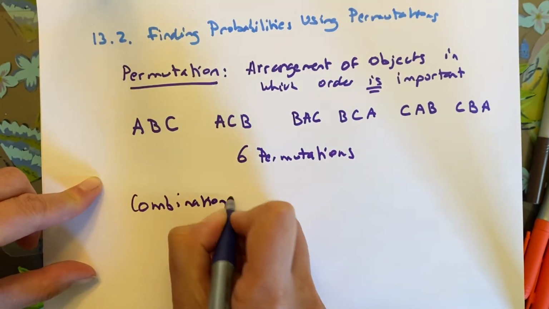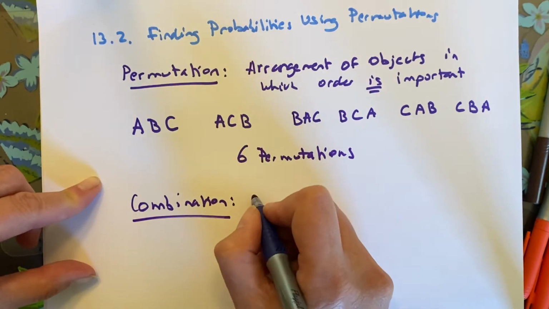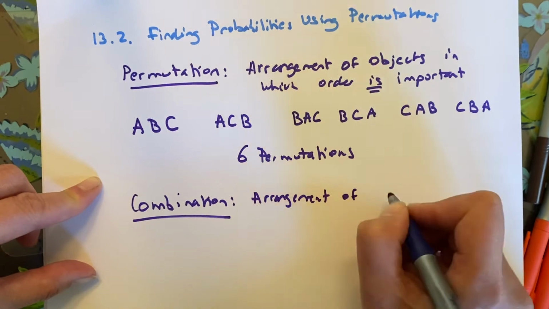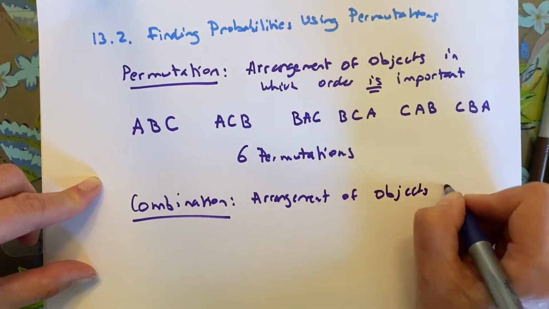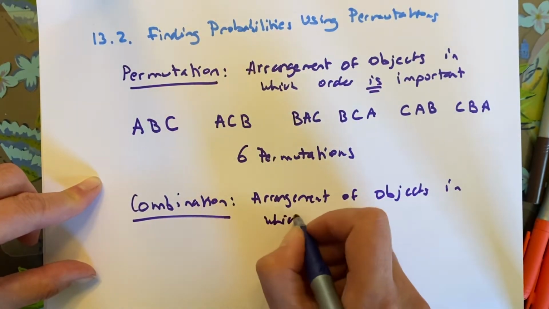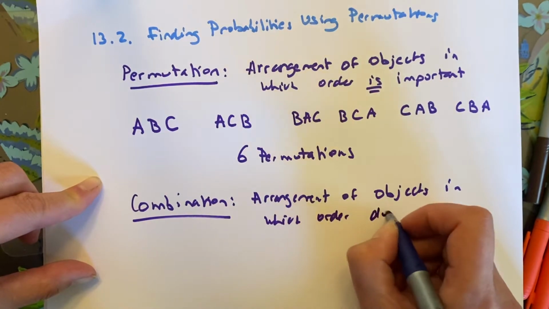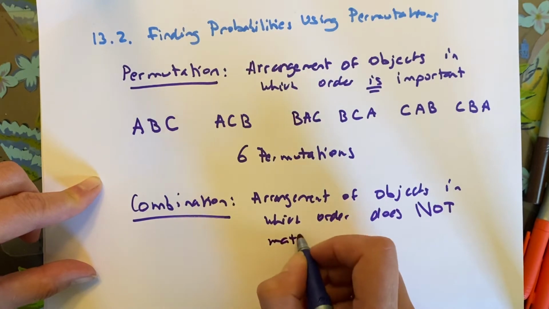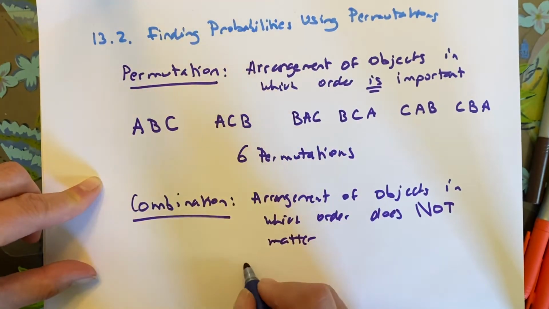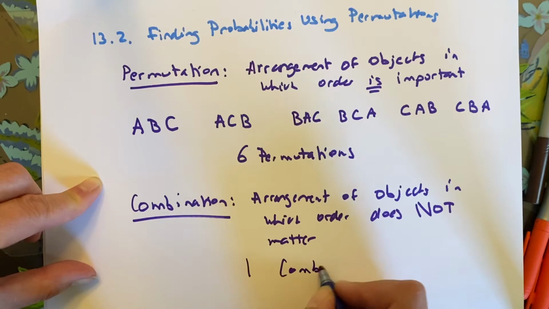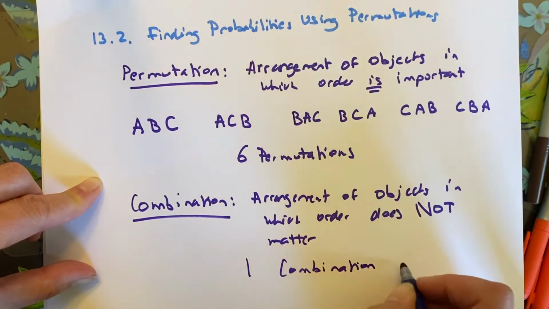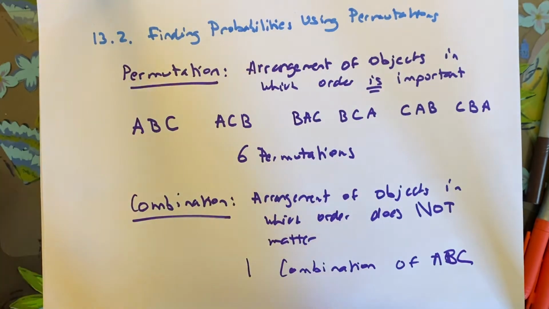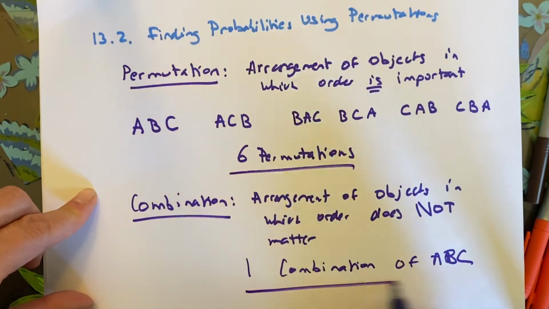Even though it's the next chapter, it's a key concept: a combination is an arrangement of objects in which order does not matter. So you would have one combination of A, B, C, because order doesn't matter, but 6 permutations.